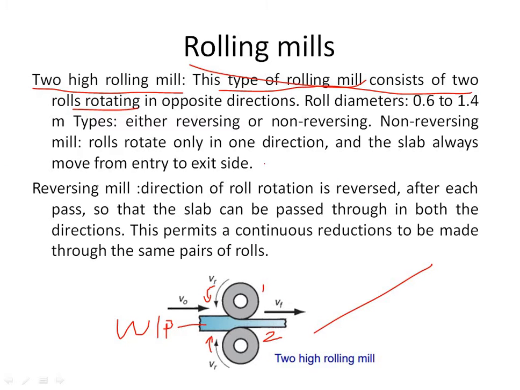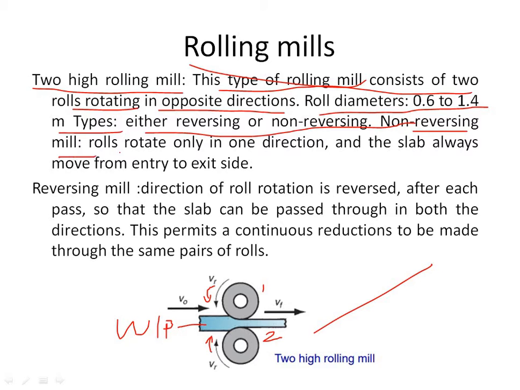So this type of rolling mill consists of two rolls rotating in opposite directions. Roll diameters are 0.6 to 1.4 meter, and types are either reversing or non-reversing.